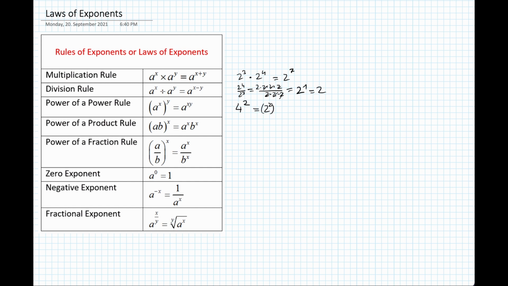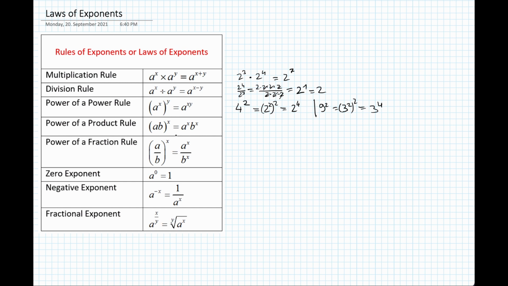And now the whole thing to the power of 2. So now you can rewrite it as 2 to the power of 4, because 2 times 2 is 4. Or let's put a different example. Let's say 9 to the power of 2. And that is equal to 3 to the power of 2 to the power of 2, which is 3 to the power of 4.